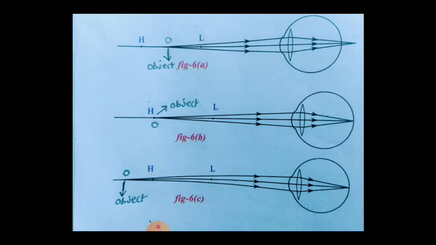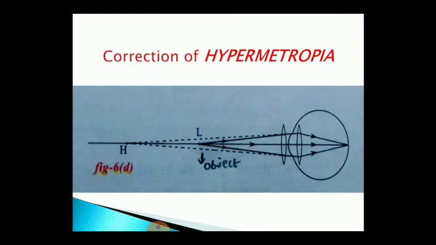If the object is farther than H, in figure 3, the image forms on the retina. So if the object is at H or farther than H, the person can see the object, but if the object is between H and L, the image forms beyond the retina, it is blurred.